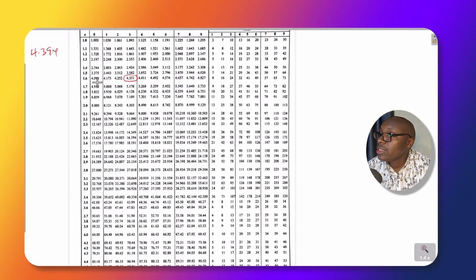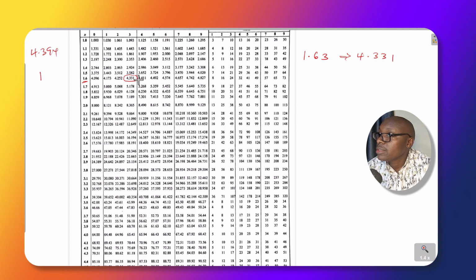And this one is at 1.63. Let me write it here, 1.63. So that one gives 4.331.